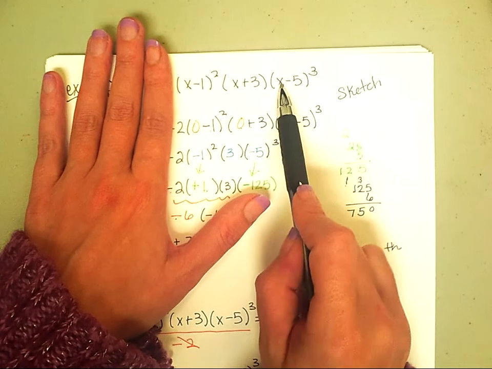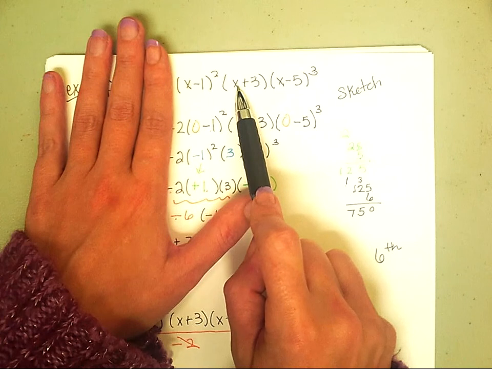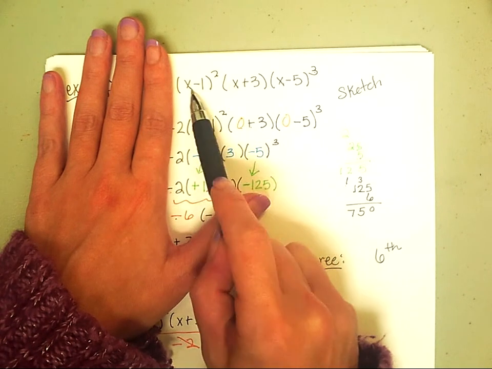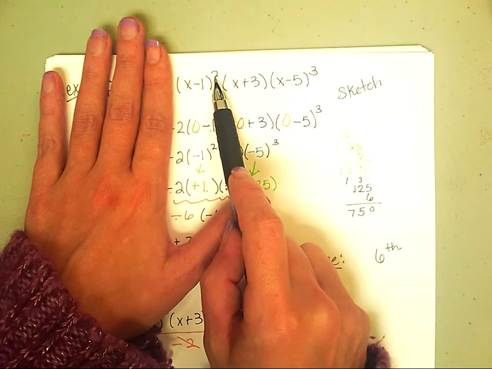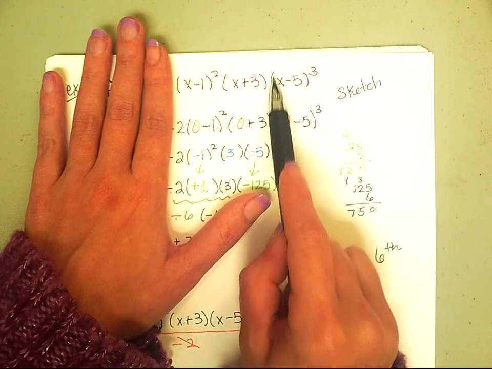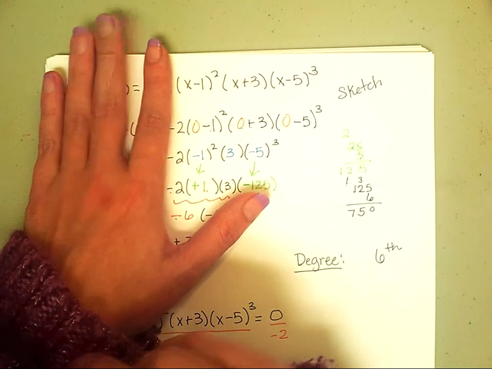I know that because, ignoring this negative 2, if I multiplied everything out, this would be an x cubed. Then I'd have to multiply it by this x to get to an x to the 4th. And then this would be an x squared, an x to the 4th times an x squared would be x to the 6th. And since these coefficients are 1, it would be 1x to the 6th.